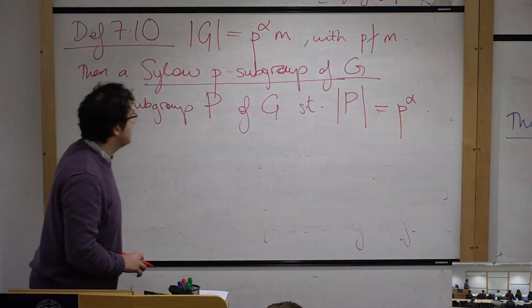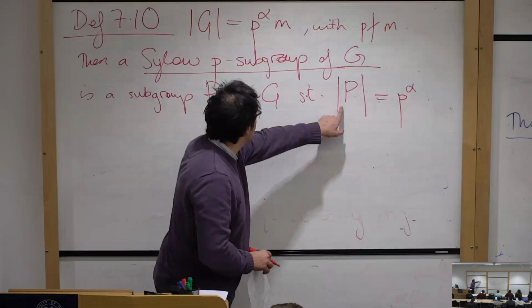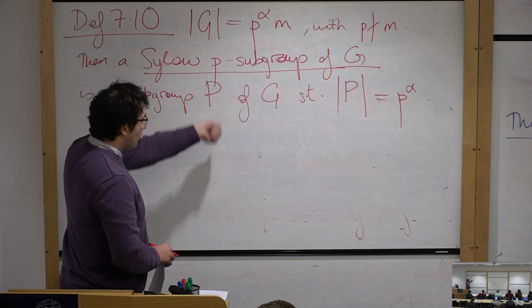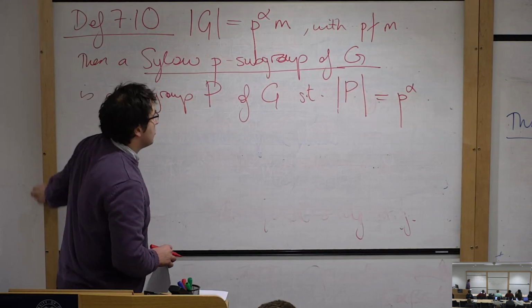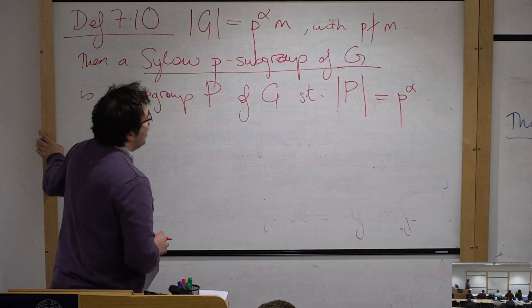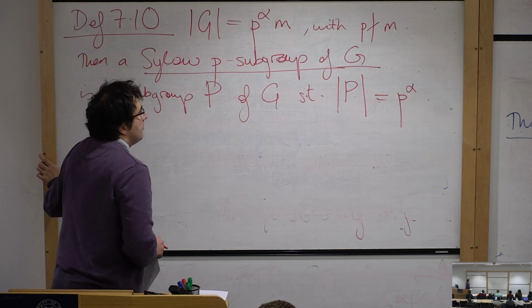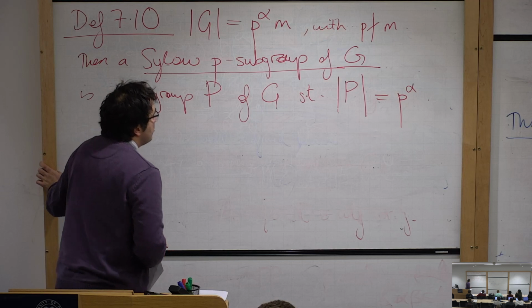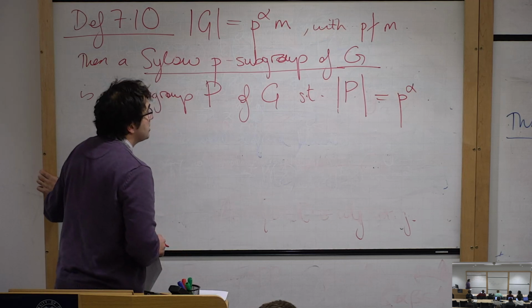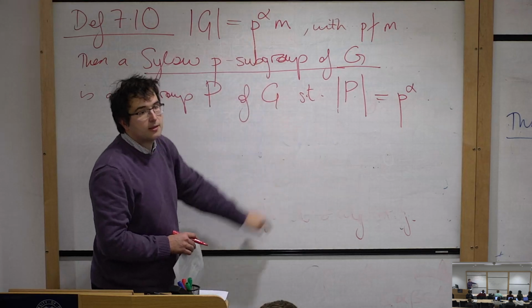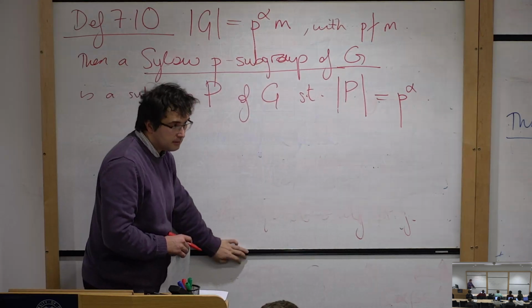Lagrange's theorem tells us that the order of any subgroup is a factor of the order of the group. And you might wonder about the converse. Of course, you've seen examples in your first courses in group theory where the converse fails. A4 has no subgroups of order 6, even though 6 is a factor of 12. However, if you look for factors which are prime powers, maximal prime powers in particular, Sylow's theorem tells us that they always exist.